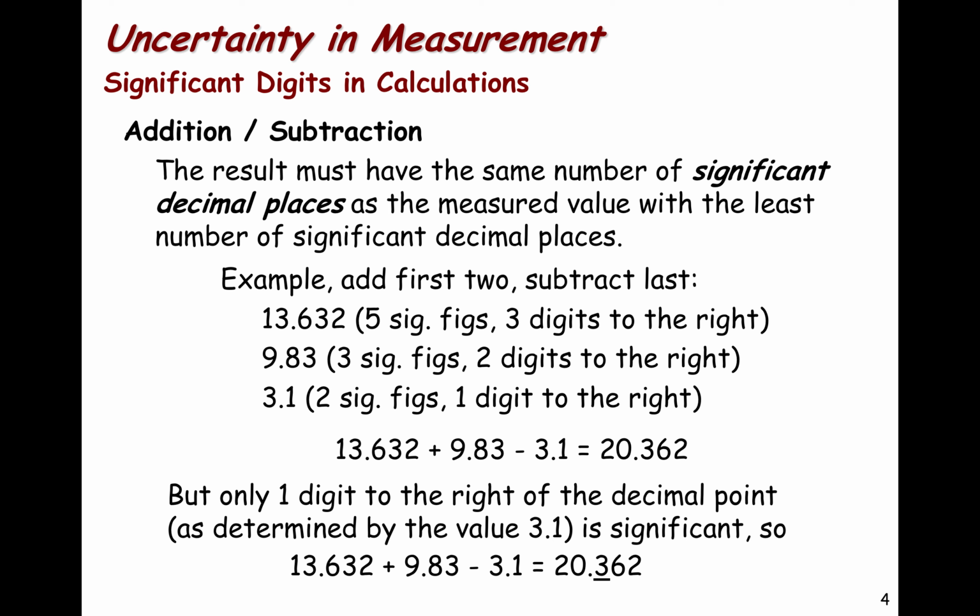We see that the number just to the right of the 3 is greater than 5, so we have to round the 3 up to 4, and our final answer is 20.4 with 3 significant digits. It turns out that it is possible to gain and lose significant digits when one does addition and subtraction.